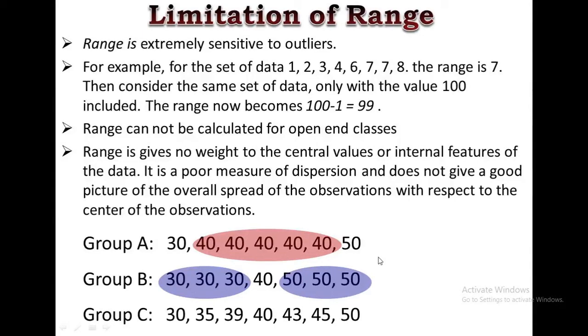And in group C, the observations are almost equally distributed in the interval from 30 to 50. The range failed to explain the difference in these three group datasets. This defect in range cannot be removed even if we calculate the coefficient of range, which is a relative measure of dispersion.